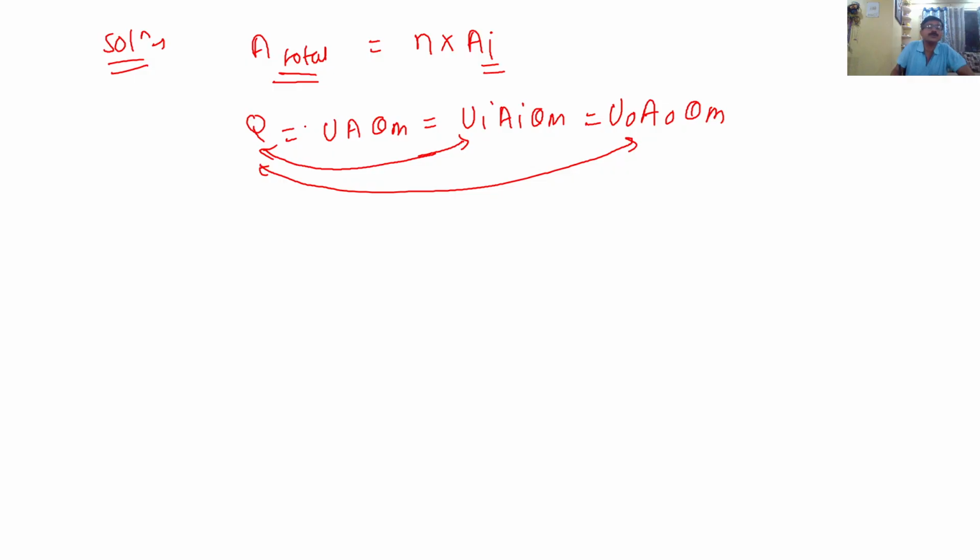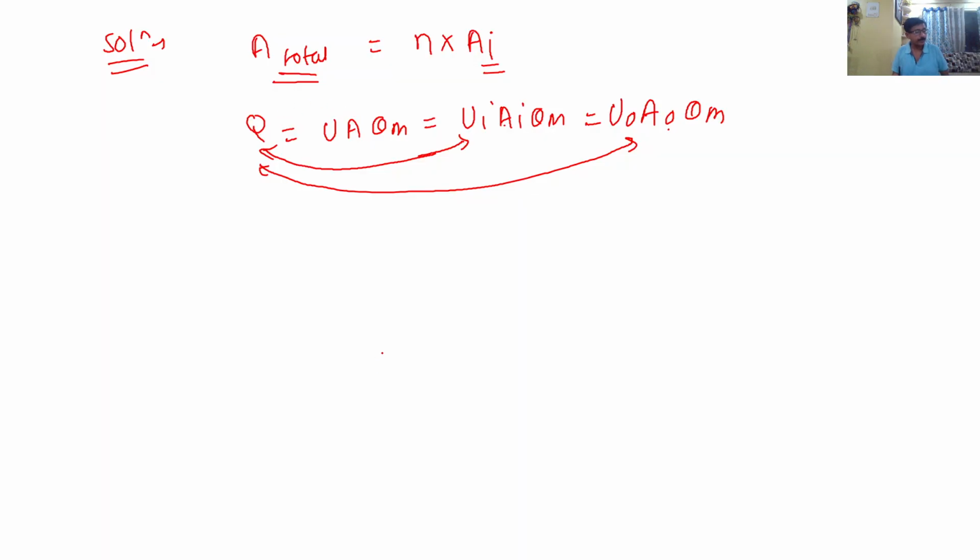Don't use the generalized formula, because dimensions are given: inner diameter and outer diameter of the tube. So inner area we can calculate, outer area also we can calculate. So you have two options in front of you, either the second formula or the third formula. Don't use this generalized first one.